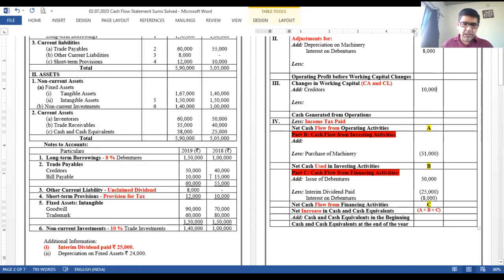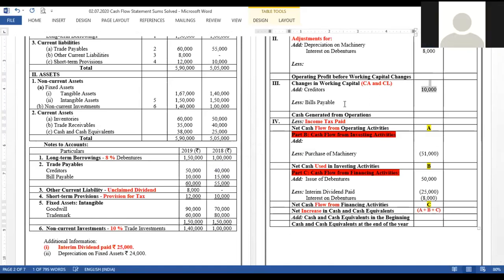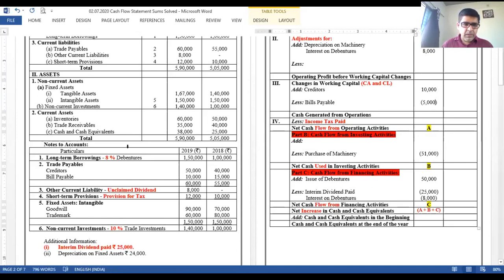Now bills payable, it was 15 earlier and now it is 10. It has decreased. When liability decreases, that is outflow of cash, same place. Bills payable by way of deduction, amount is 5,000. Okay, so we're done with trade payables.